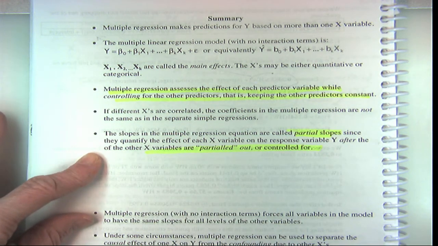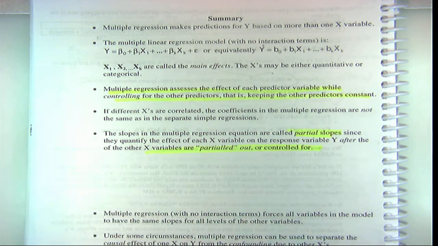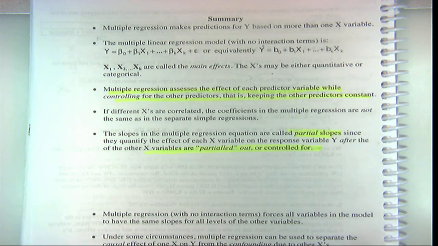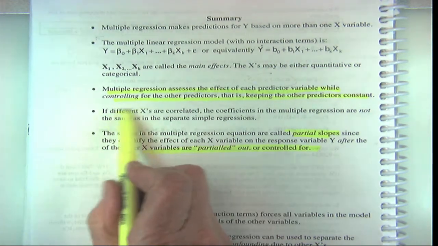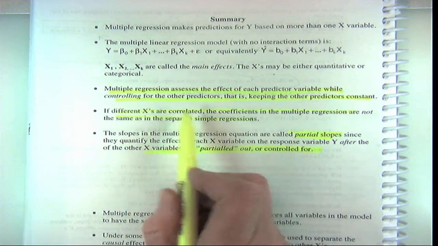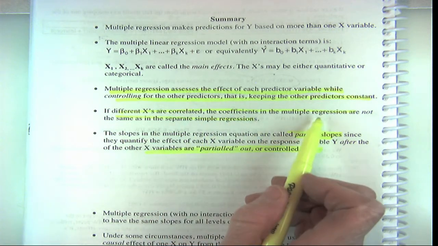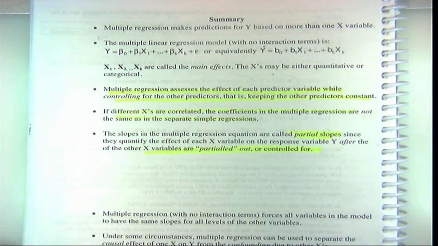How much additional information does that variable give after the other variables have been controlled for? And of course, when the x's are correlated, which they just about always are, those slopes change.